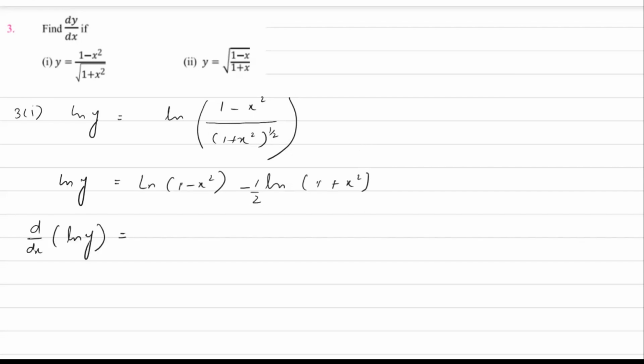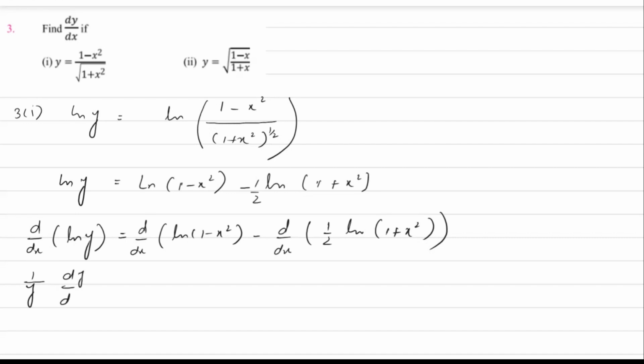Right, let's take the derivative on both sides of the equation. So here we have 1 upon y dy by dx, and its derivative will be 1 upon (1 minus x square) times the derivative of 1 minus x square, minus 1 upon 2, and the derivative of ln(1 plus x square) is 1 by (1 plus x square) times the derivative of 1 plus x square.